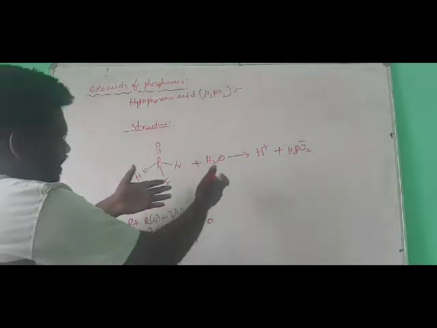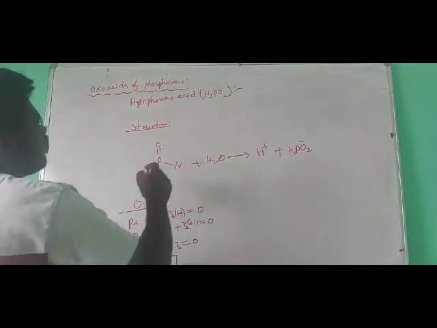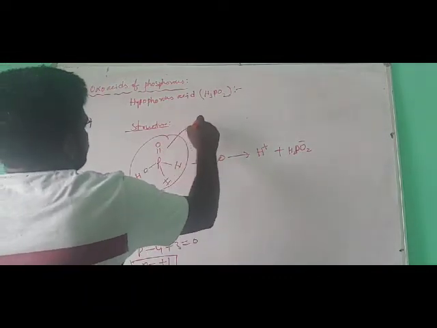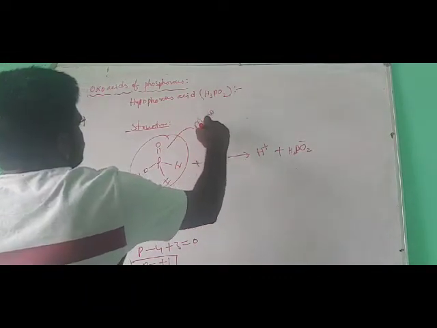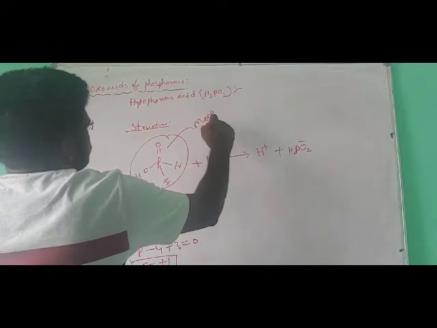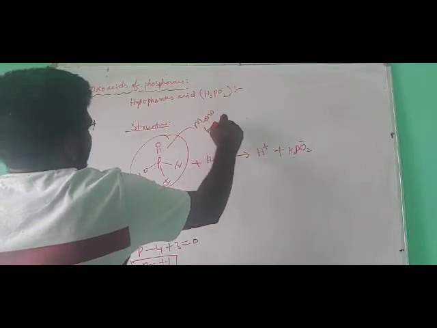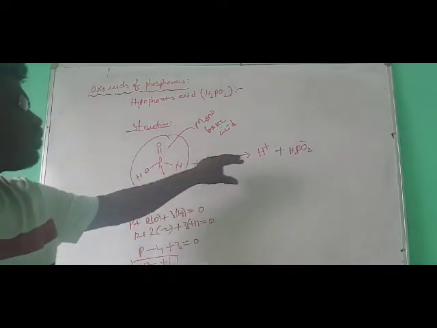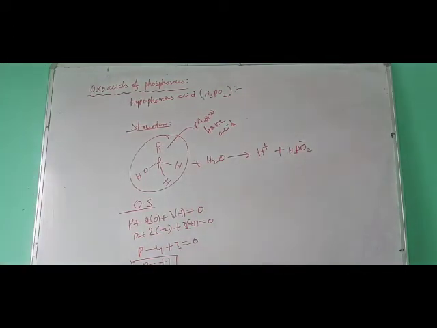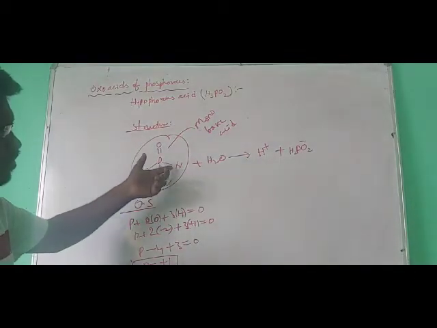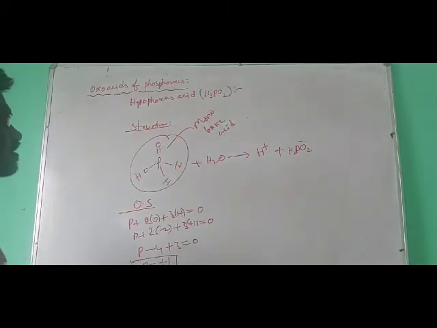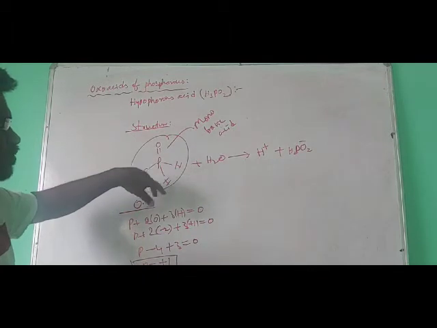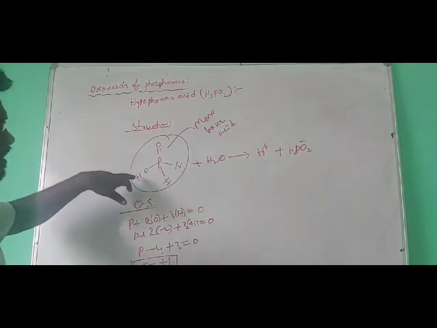Now this one gives only one H plus, so we can say that this is a monobasic acid, because it gives only one H plus ion in water. The other hydrogens won't dissociate as H plus ions because they are not very acidic.